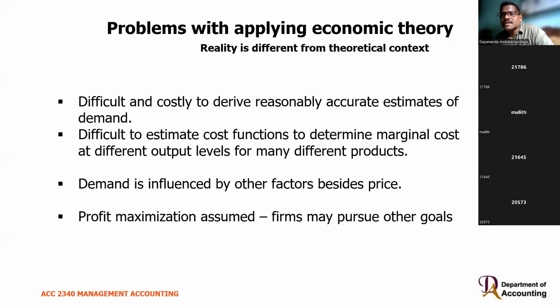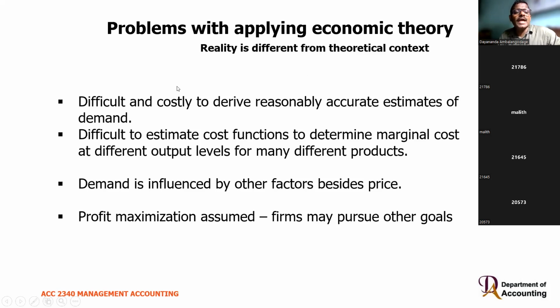For example, if you take demand and supply theory, you assume that price is changing while other factors remain constant. So we discuss economics theories based on certain assumptions, especially the micro level economics theories: demand and supply, market behavior, production theory. All these are based on certain assumptions.